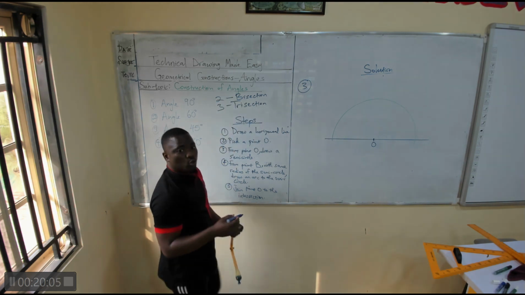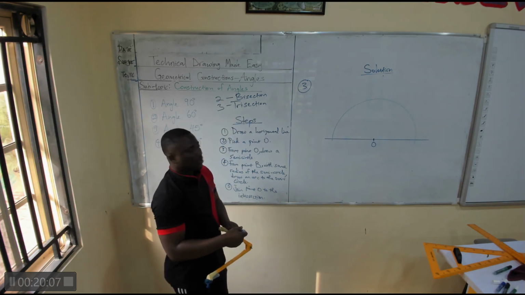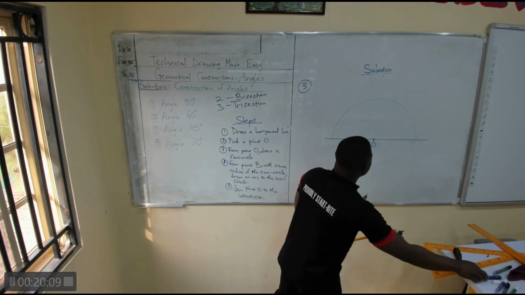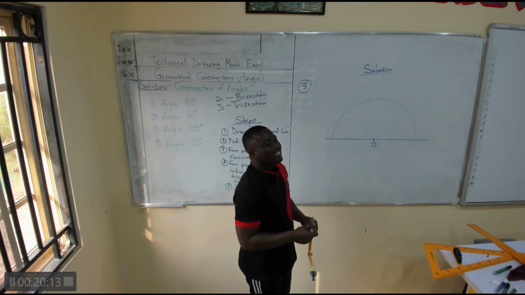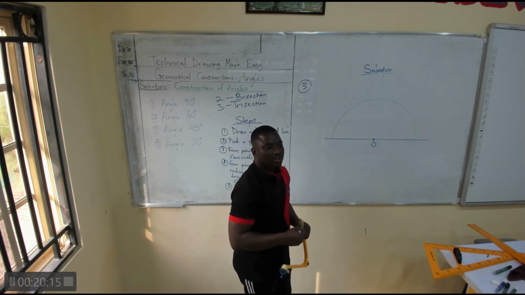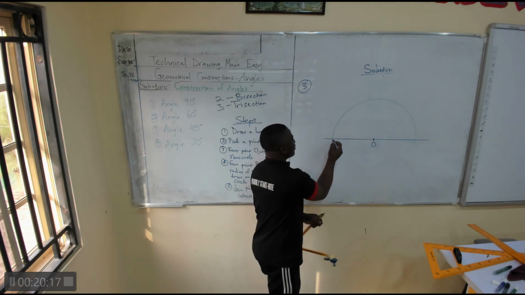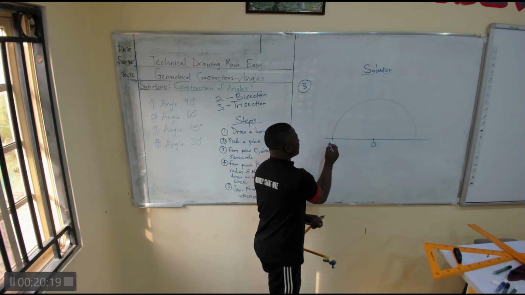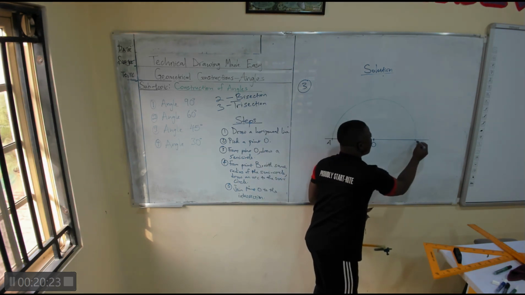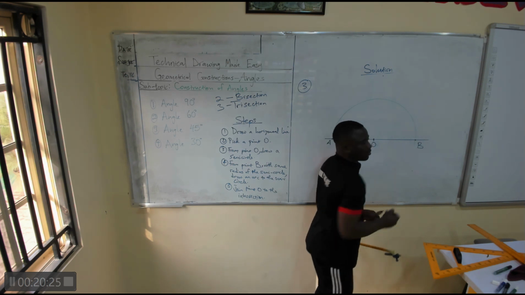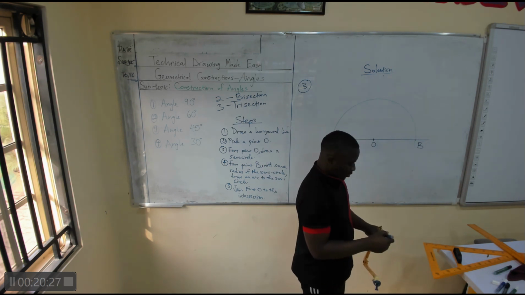Bisection is to divide into 2 equal parts. So to construct 60 degrees, we have to trisect, with the same radius. So we label this point where the semicircle meets the line A. We label this point where the semicircle meets the line B. Good. Do you understand that now?